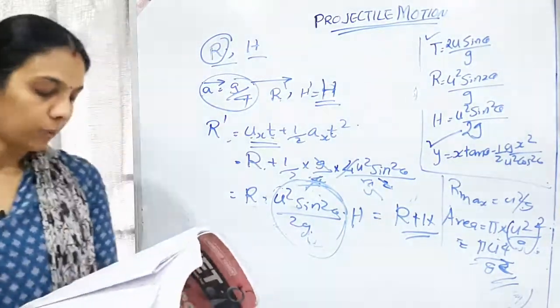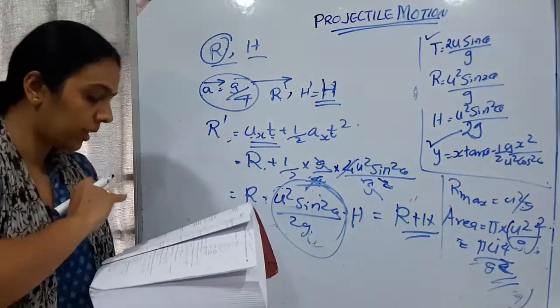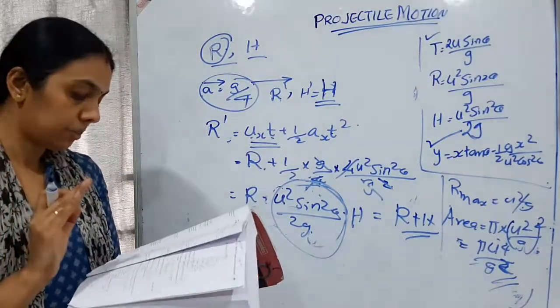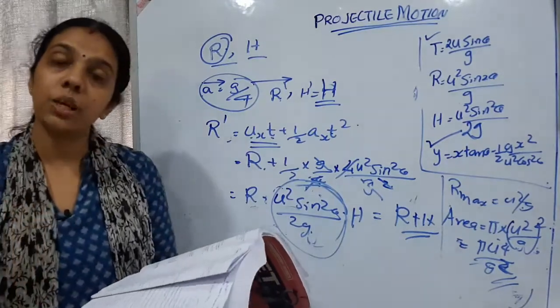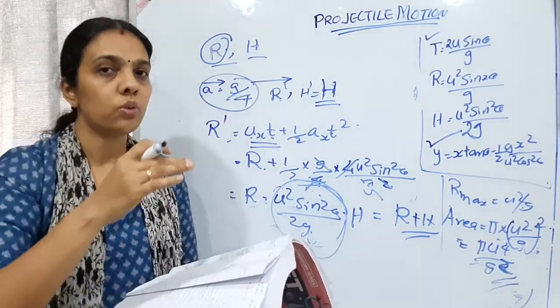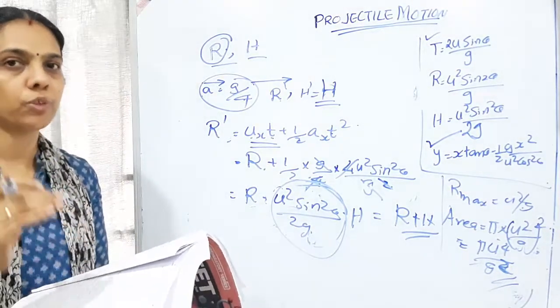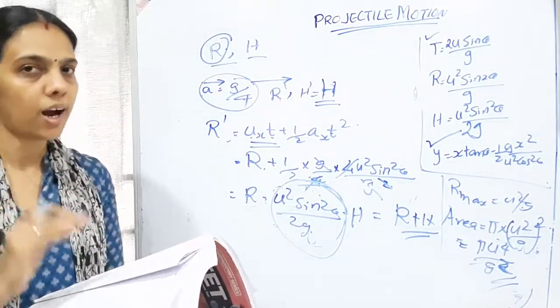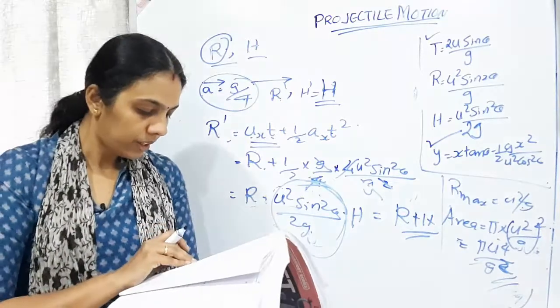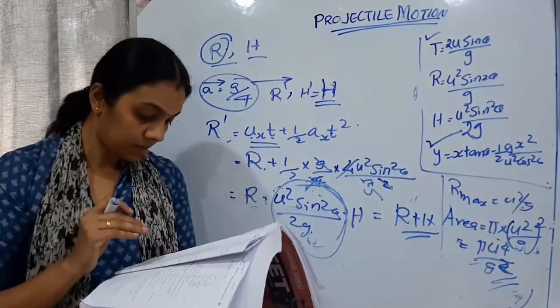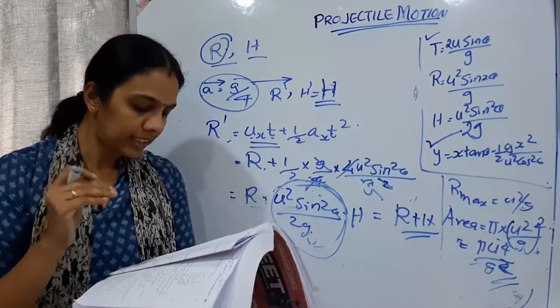So here in the question, the cart is moving horizontally in a straight line with a constant speed of 30 meter per second. A projectile is fired from the cart. So we need to consider the relative velocity of the projectile with respect to the cart only. Okay, so it will return to the cart after the cart has moved 80 meters.